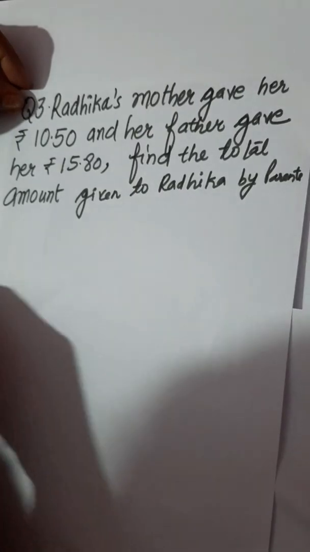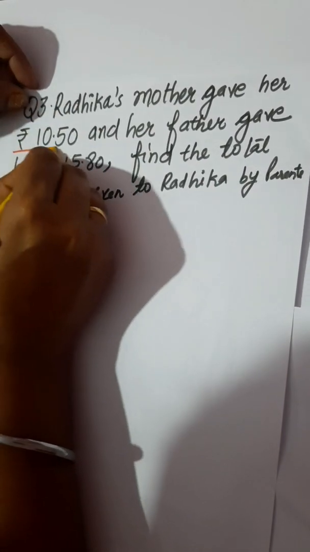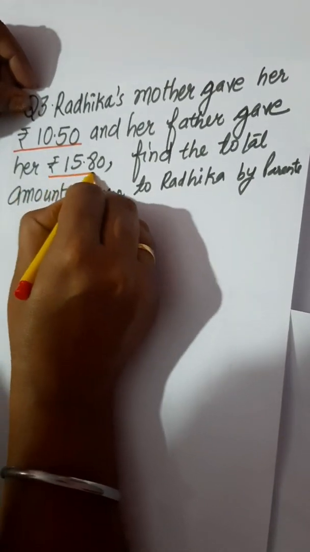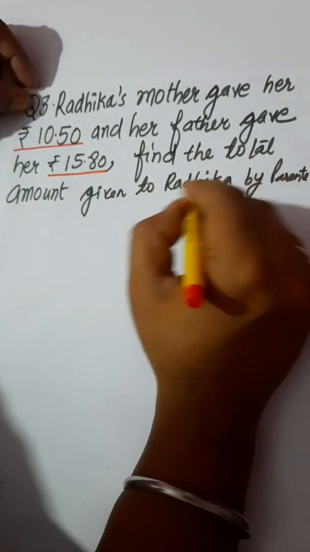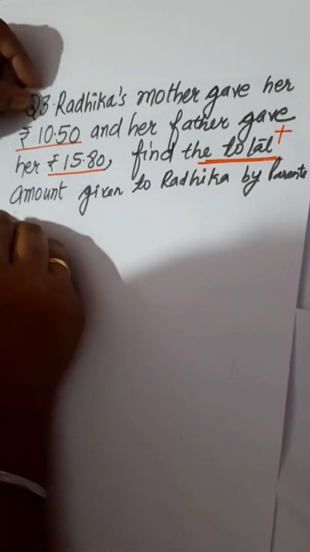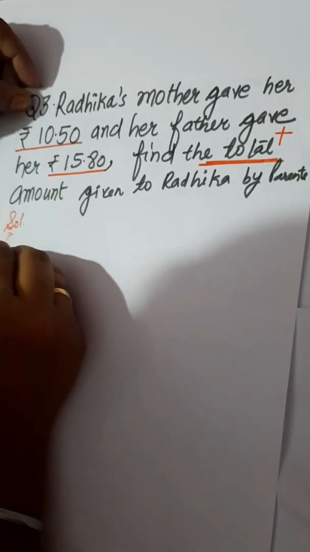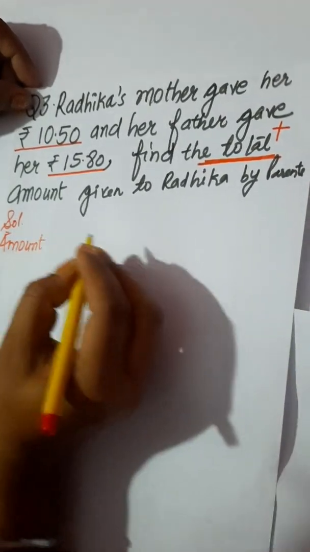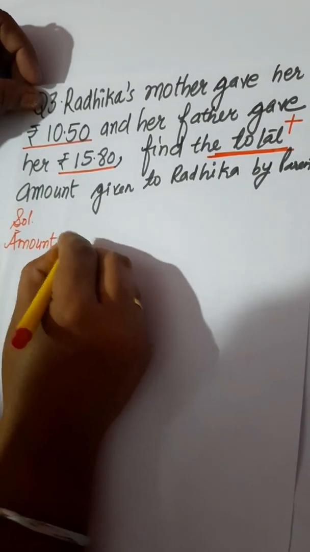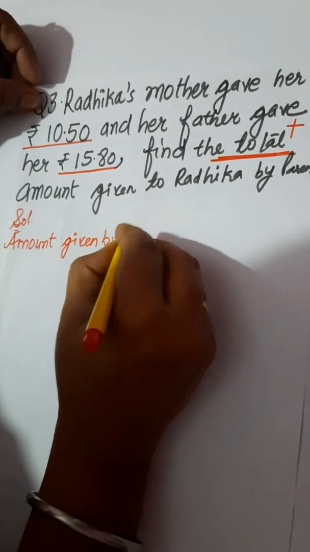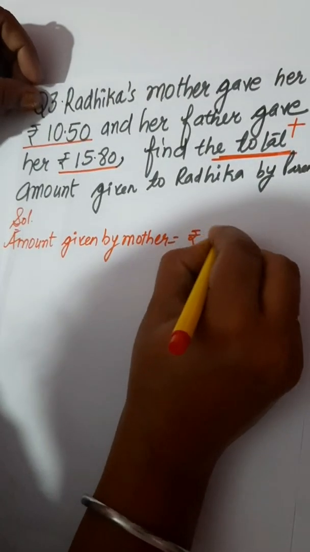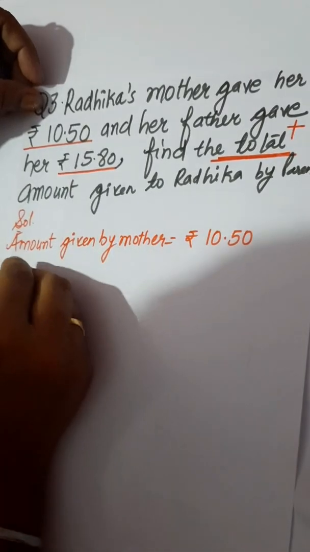Question number 3: Radhika's mother gave her 10 rupees 50 paise and her father gave her 15 rupees 80 paise. Find the total amount given to Radhika. Here you have to find the total, which means you just add. So I will write amount given by mother is equal to 10 rupees 50 paise.